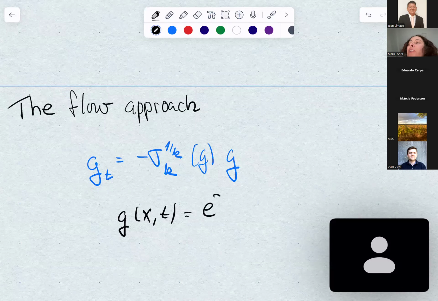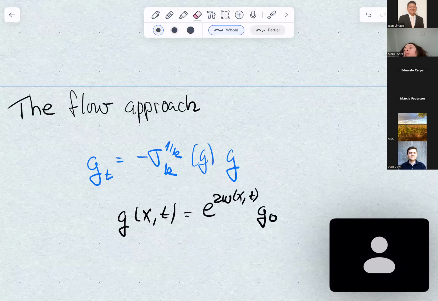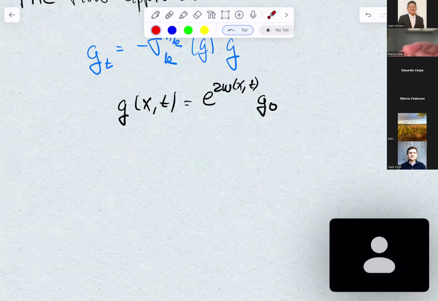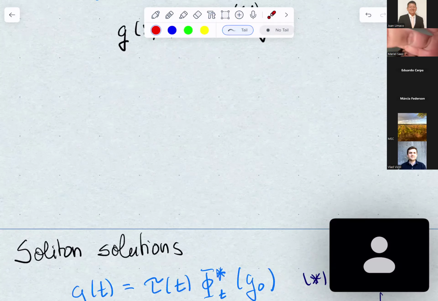Just to be consistent with what I had before, this depends on t and the background metric is fixed. So it's going to be a partial differential equation for this conformal factor w, and soon we're going to rewrite this in a different way because it's going to be more convenient. So one question is also what is the best way of writing the conformal factor, but I'm going to say something.